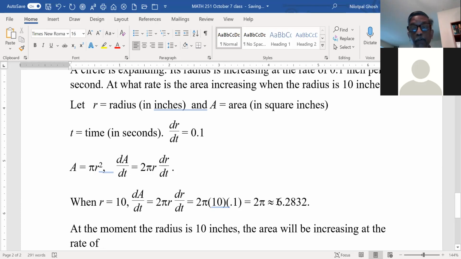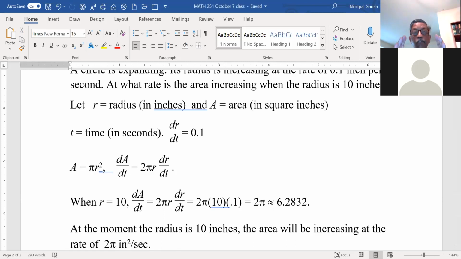Or you can write 6.2832 square inches per second, but I'm going to just write 2 pi. So that's the rate at which the area will be increasing.